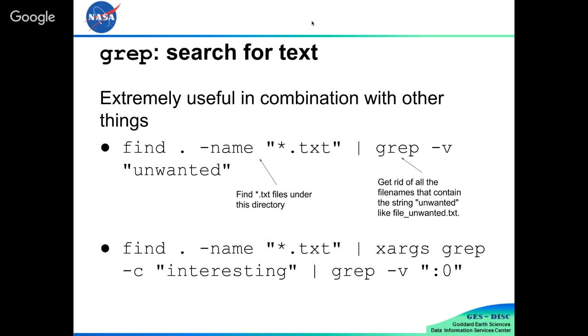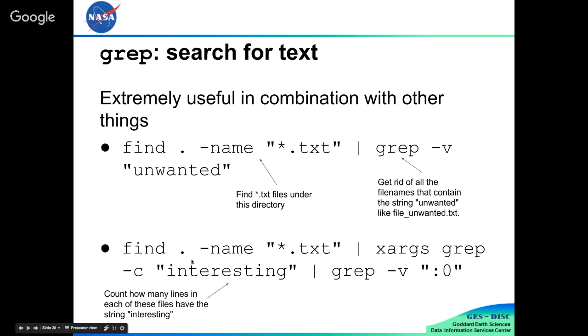So this is working on the file names. That's an example. And then in the next one, we're again going to find all the text files, and then we're going to run xargs. Here we're running grep on each file individually, so on the text of the file as opposed to the file name, if that makes sense.